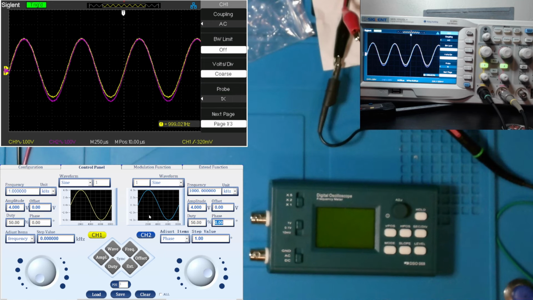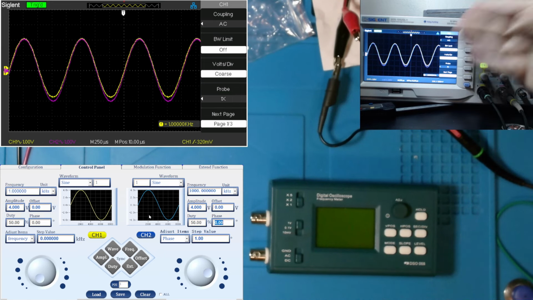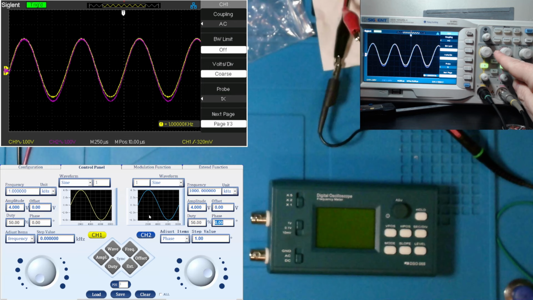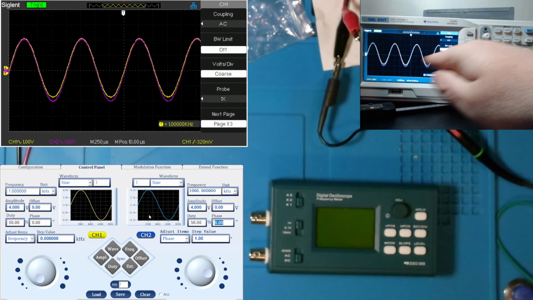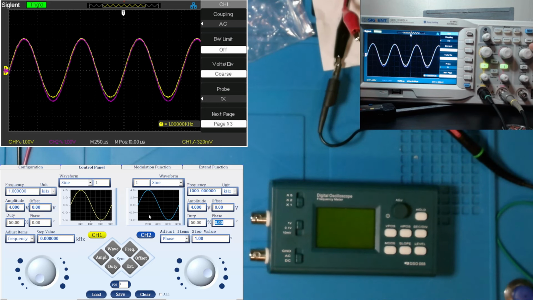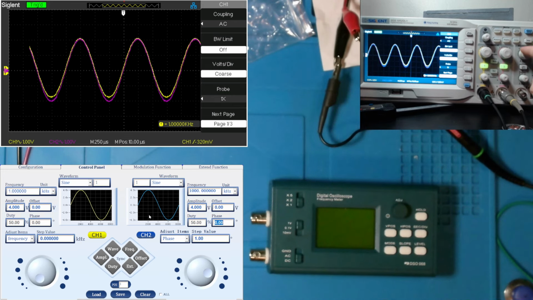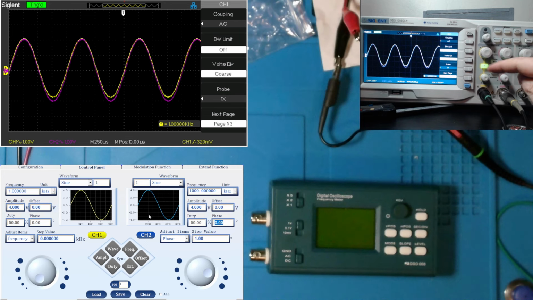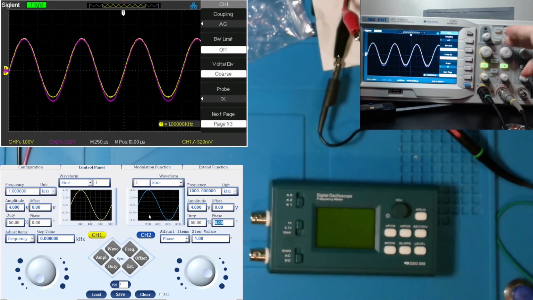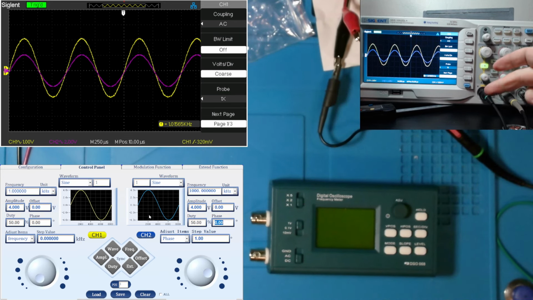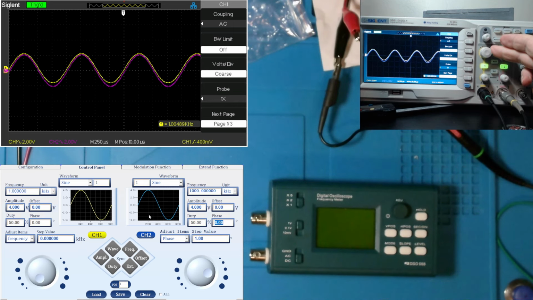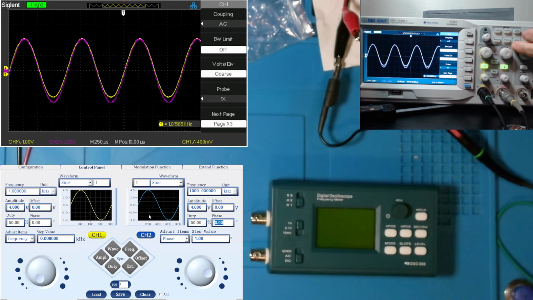Now, traditionally, your vertical scale is controlled by your voltage adjustments or vertical adjustments, and then your horizontal scale is controlled by your time base or horizontal adjustment. The horizontal scale will have an effect on both input signals, but the vertical scale has an effect independently on each input.